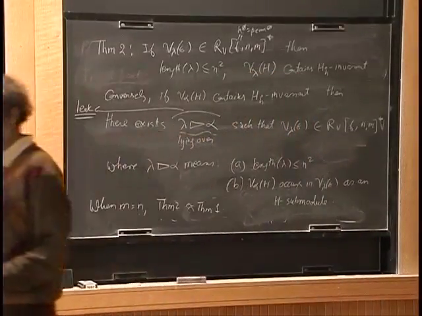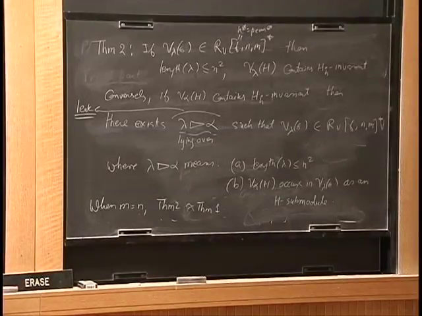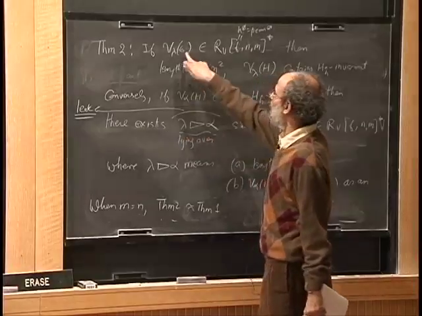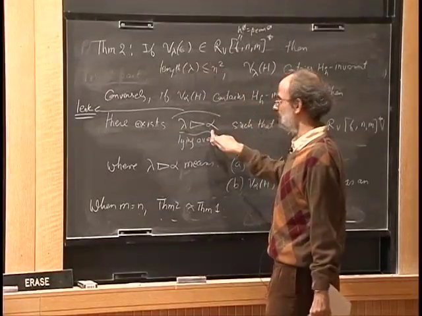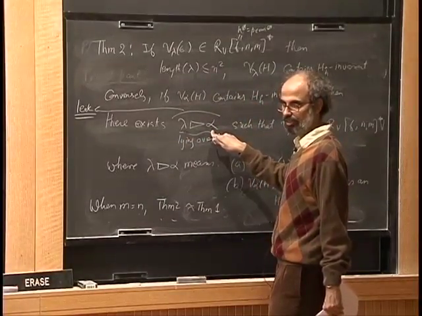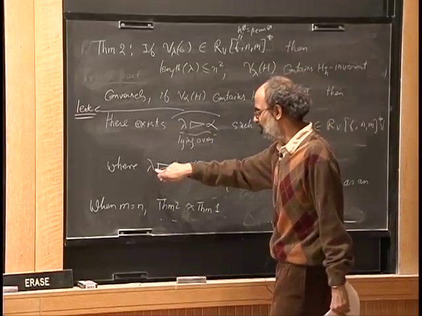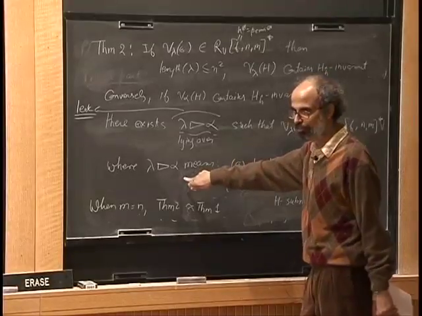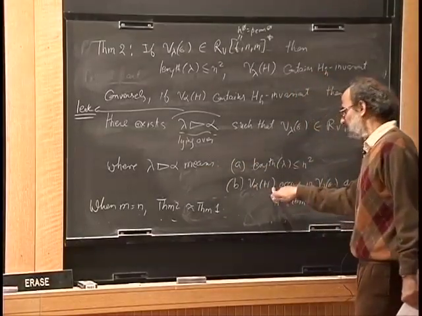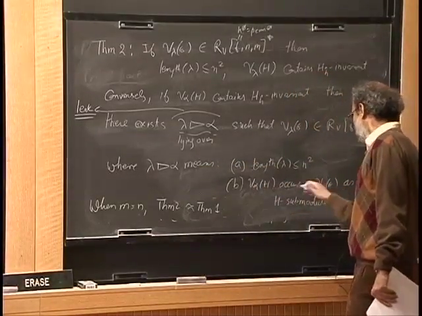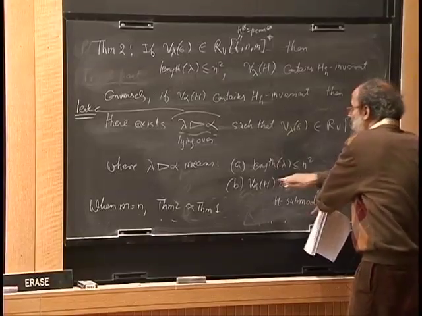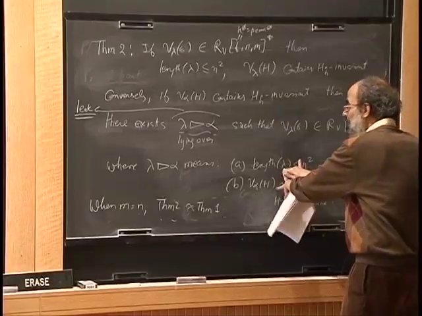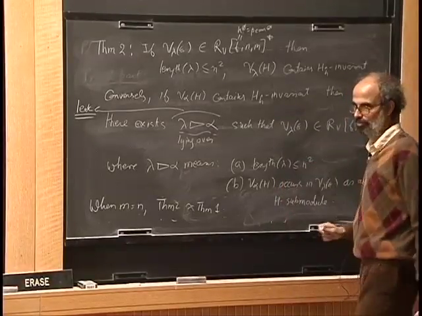But what does lying over mean? Lying over means that this is the highest weight of G, and this is the highest weight of alpha H. So first of all, the same highest weight when considered as a highest weight of H. Then when you think of this as an H module, V alpha H actually occurs in it as an H submodule, plus the length of this is less than or equal to n squared.